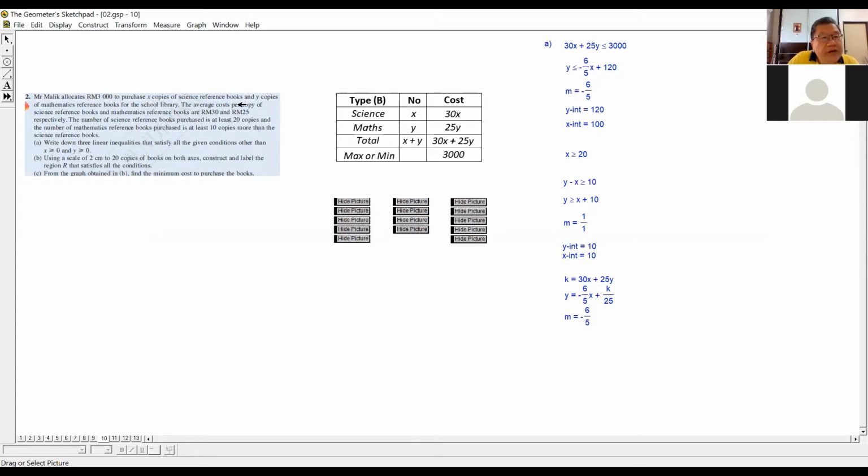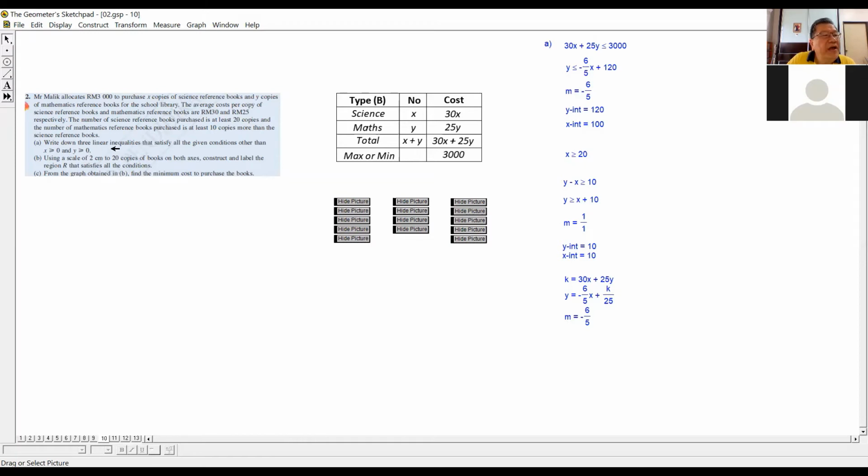The average cost per copy of science reference book and mathematics reference book are 30 and 25 respectively. The number of science reference book purchased is at least 20 copies and the number of mathematics reference book purchased is at least 10 copies more than the science reference book.